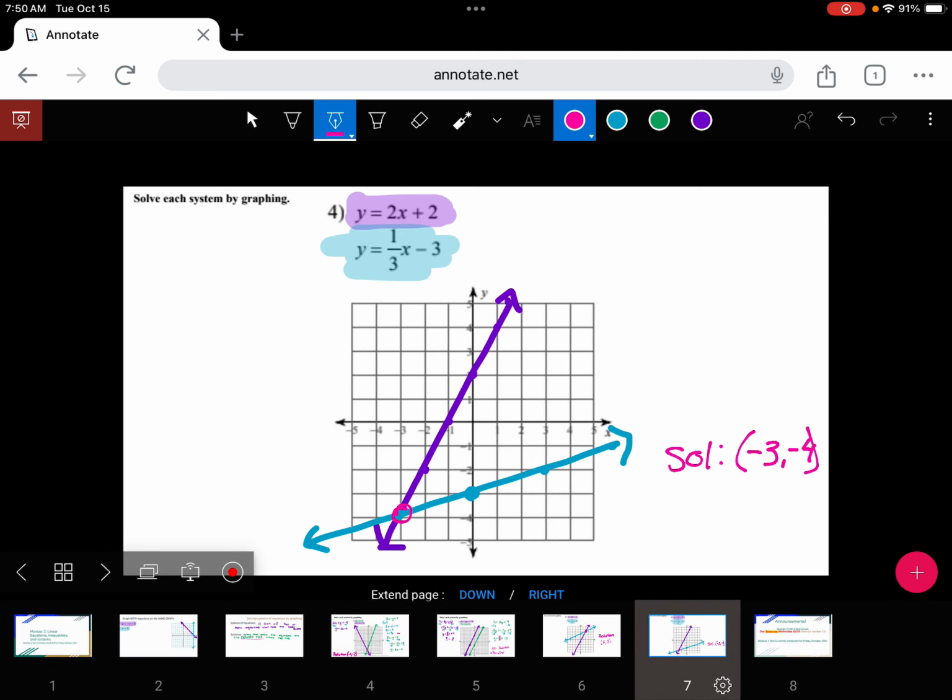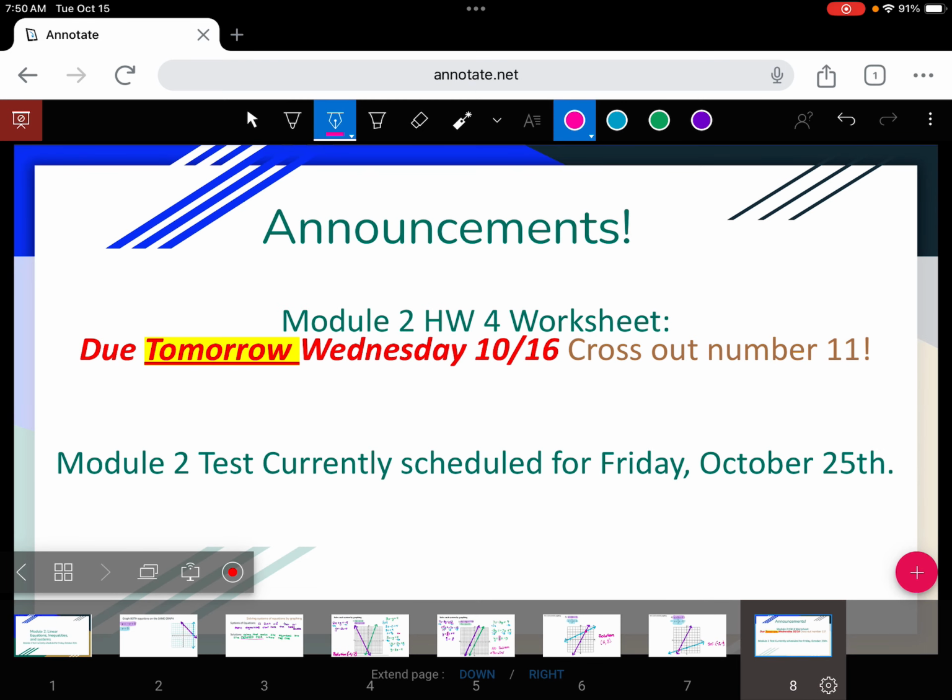All right. So we have more than 10 minutes left. That's an update, I didn't see that on there. Why did you cross out number 11? Somebody else put that in there.